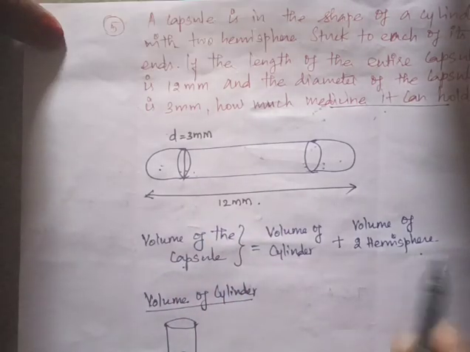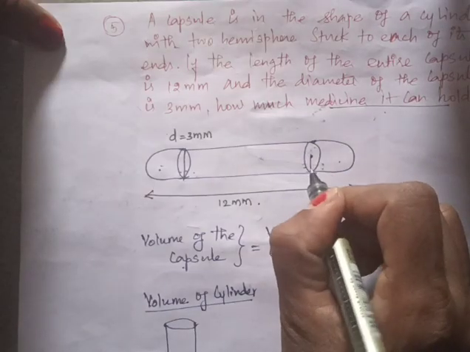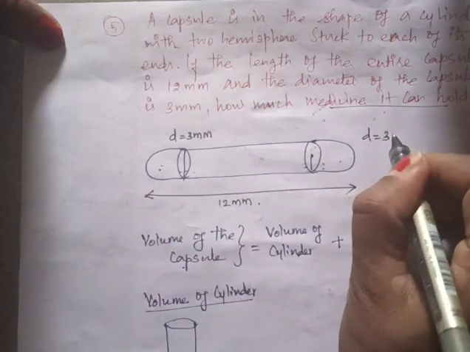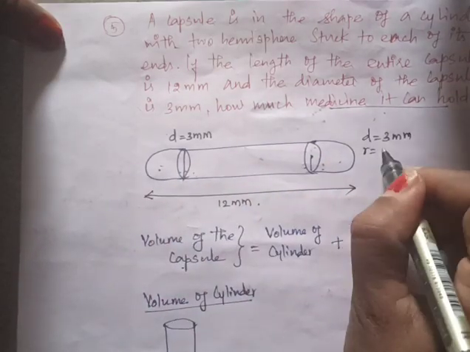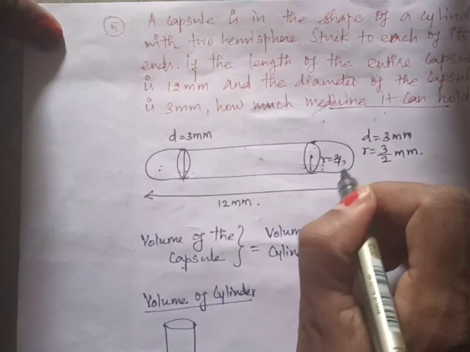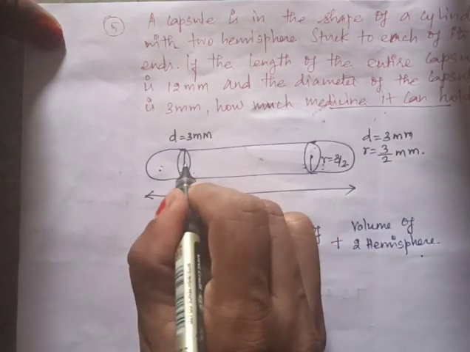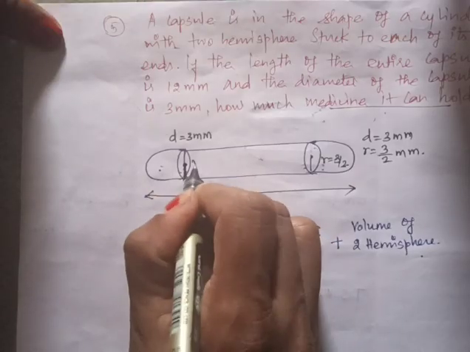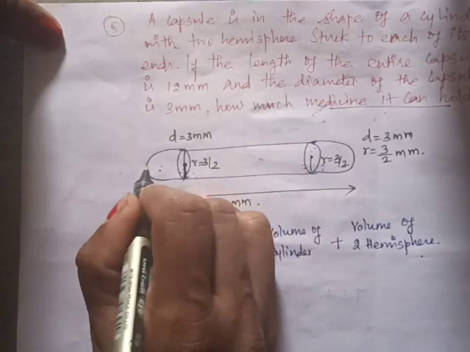From this diagram, the diameter is 3 mm, then the radius r is equal to 3 by 2 mm. Here also r is equal to 3 by 2.